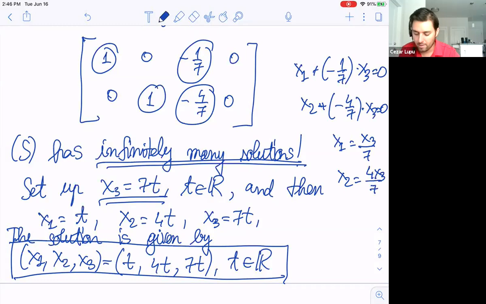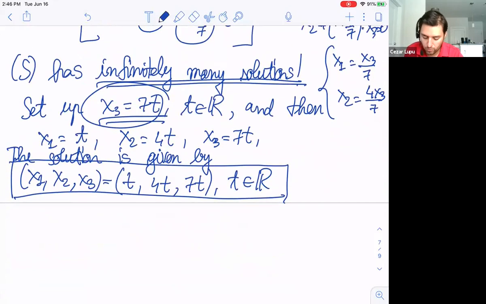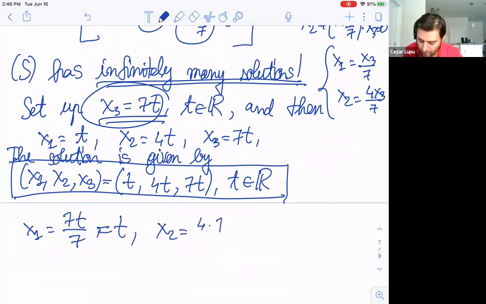So let's put x3 to be 7t, so that I can simplify by t. If I put x3 to be 7t, I'll have x1 to be 7t/7, which is t. Then x2 will be 4 times 7t/7, which will be 4t. And this is how you get the solutions here. Okay, I hope that's clear now.